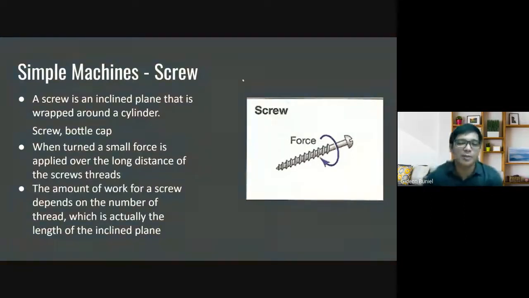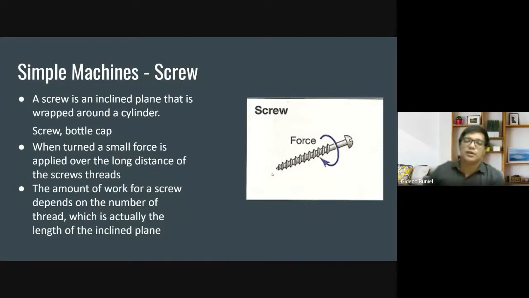Those are examples because they have a cap that you can easily open because it has a screw feature. When turned, a small force is applied over a long distance of the screw's threads. As you can see here, these are the threads of the screw.